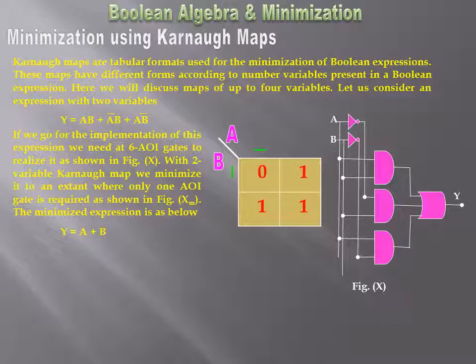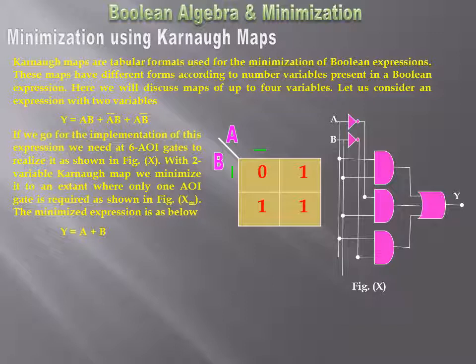So we have now 3 ones in this expression, and the fourth term which was possible in this type of expression is absent. That is A naught B naught, it is not present here, so it is represented as 0, which means that term is absent.